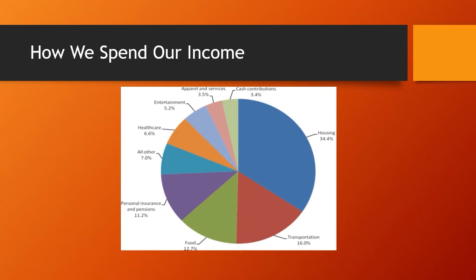Well, then we could look at this and go, hey, I can't do much about my housing. It does make up a big part of my expenses, but it might be impractical to move, and moving costs money too. But I don't know, maybe I look and, man, I didn't know I was spending that much money on food. Could I cut back there, right? Or health, entertainment. Maybe I could cut some expenses there.